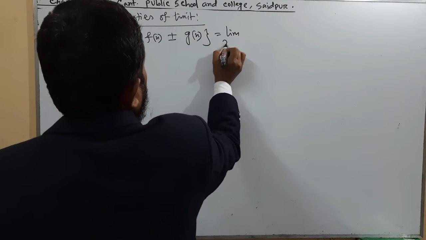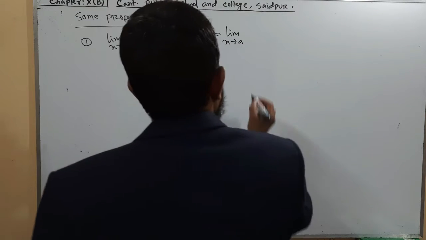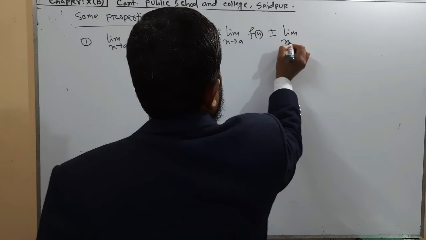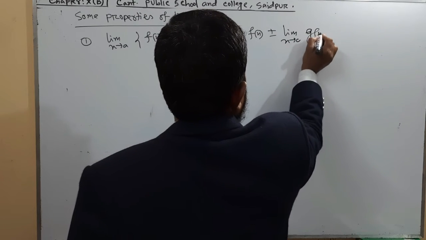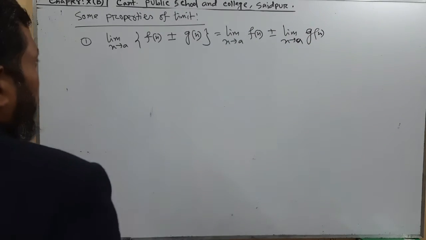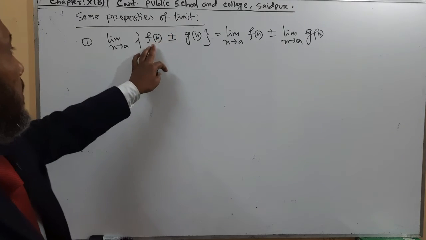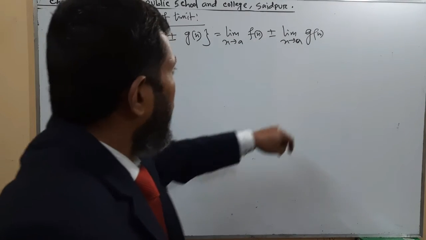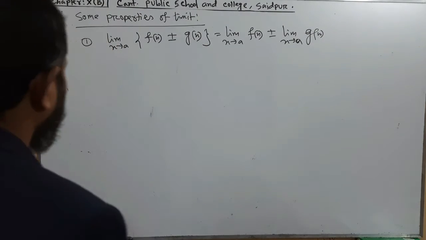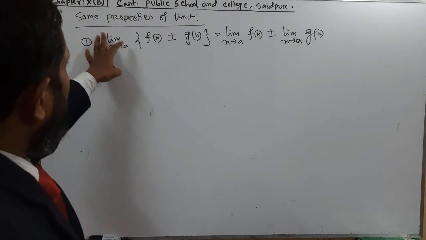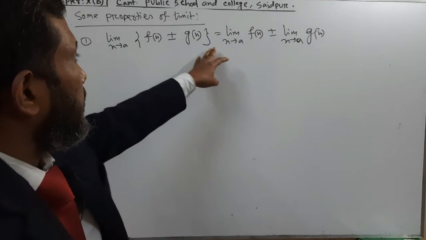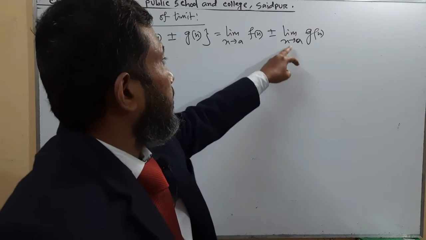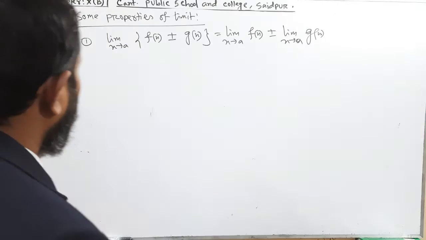We can write this as limit x tends to a f of x plus or minus limit x tends to a g of x. For plus, that is limit x tends to a f of x plus g of x, we will write limit x tends to a f of x plus limit x tends to a g of x. For minus, that is limit x tends to a f of x minus g of x, we can write limit x tends to a f of x minus limit x tends to a g of x.